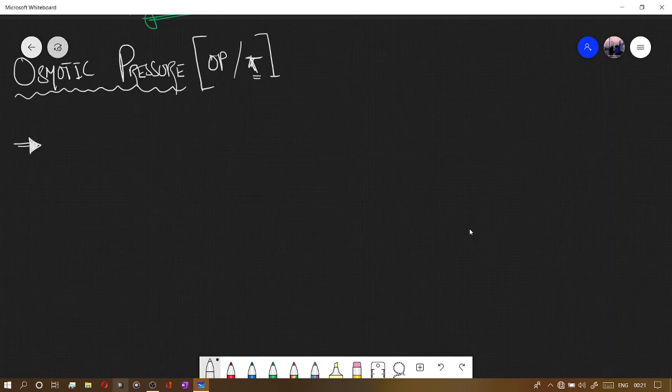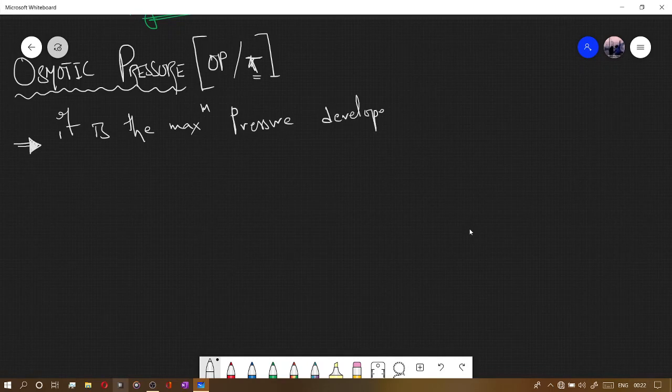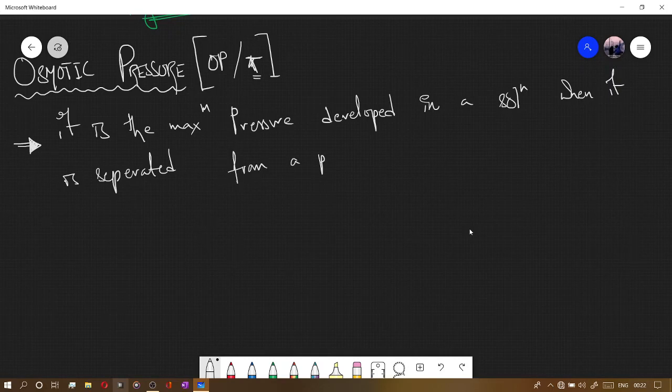It is the maximum pressure developed in a solution when it is separated from a pure solvent using a semi-permeable membrane, SPM.